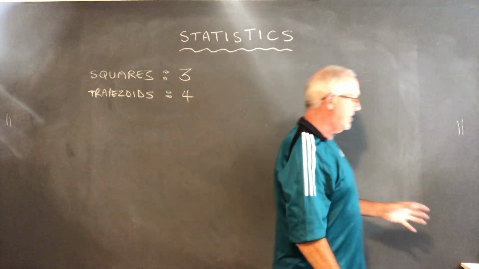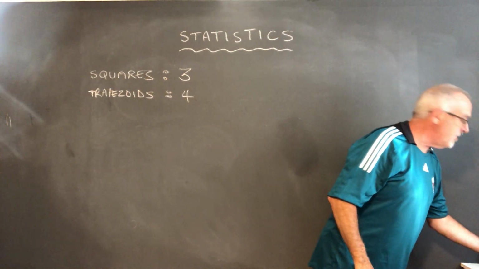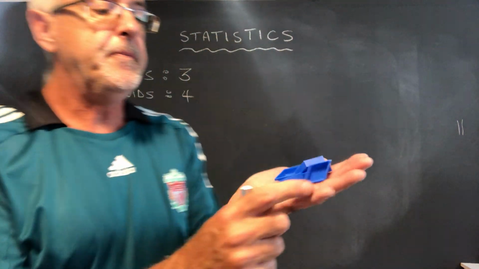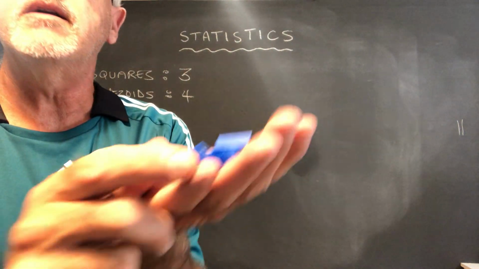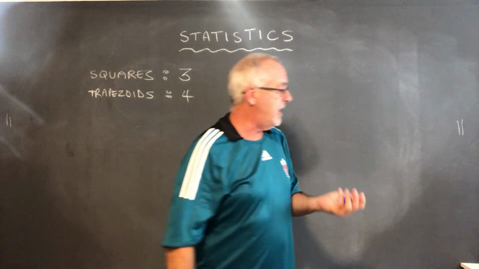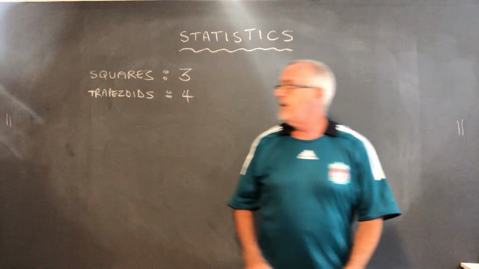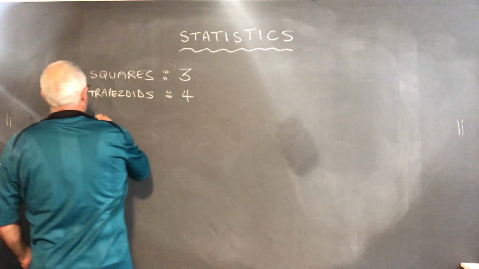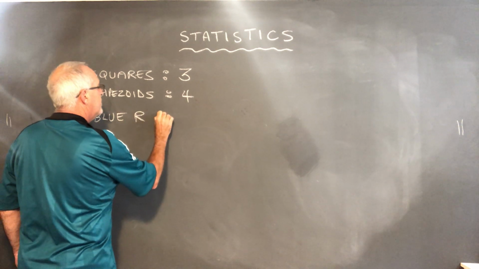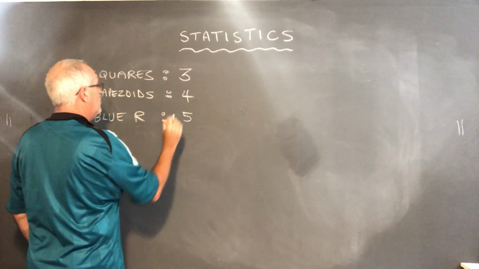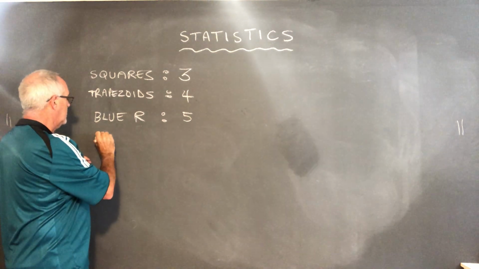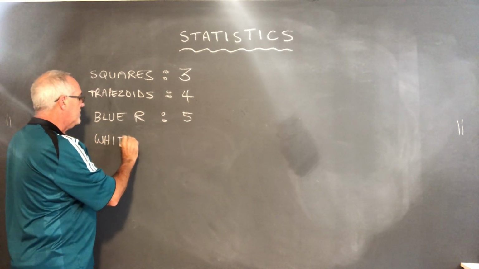Okay, what other quadrilaterals do I have? I have rhombuses, but I have 2 different types of rhombuses. I have these blue rhombuses, and it's hard for me to show them to the camera effectively, so you'll just have to take my word for it that I have 5 of them. So I'll write blue R for blue rhombuses, and we have 5, and then the other rhombuses that I have are white, so I'll get that down right away.